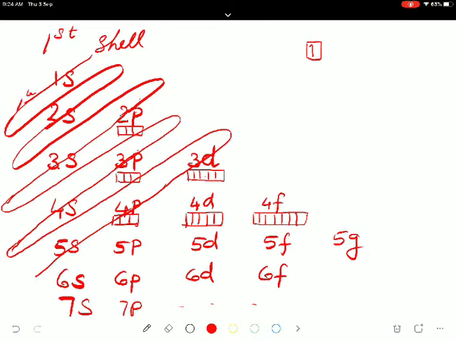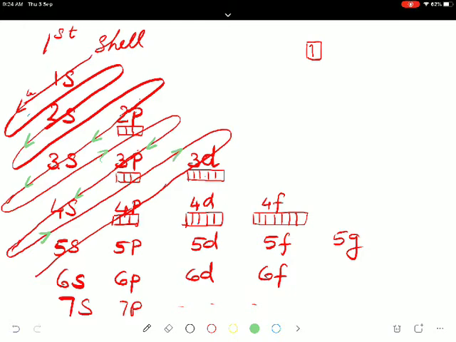So in this way: 1s, then 2s, after 2s 2p, after 2p 3s, then 3p, then 4s. After 4s only, take care, 3d will be filled.